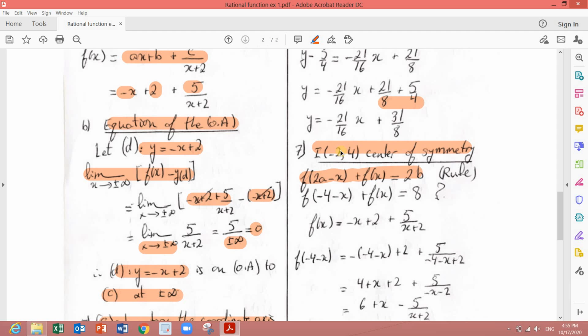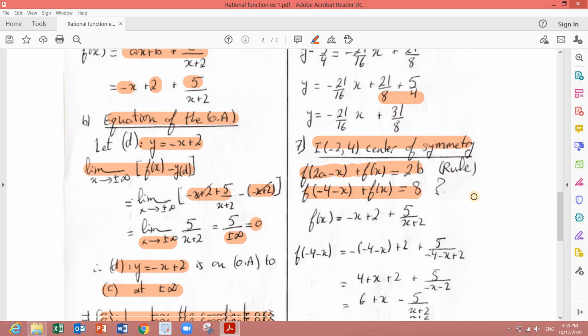If we replace a by minus 2, 2 times minus 2 is minus 4, minus x remains minus x, plus f of x equals 8. So we are going to verify this equation: f of minus 4 minus x plus f of x equals 8.